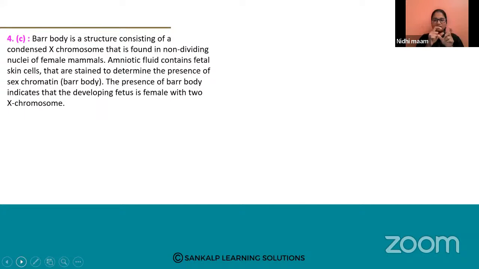Chromatin is nothing but a thread-like network of chromosomes, and it will have these bar bodies, which are stained differently. So when there is a bar body, it is confirmed that the fetus is a female. The presence of a bar body indicates that the developing fetus is a female with two X chromosomes.